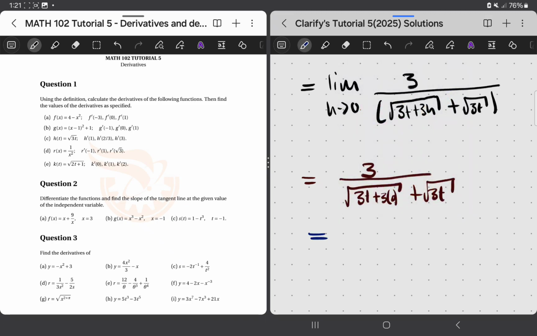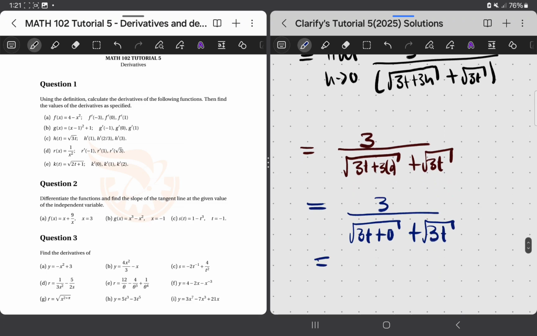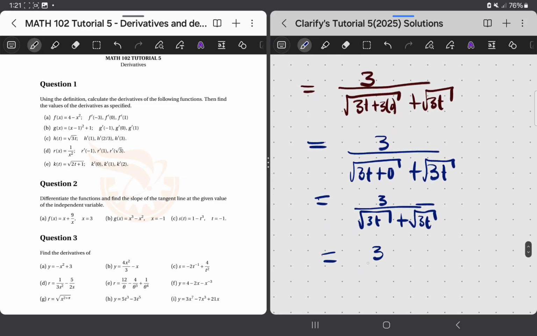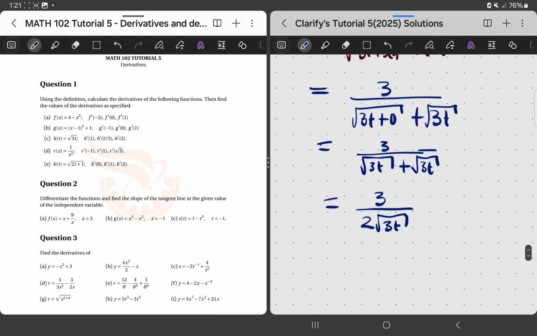Then you're going to get 3 over the square root of 3t plus 0, so that we see you know that the 3 by 0 is 0. Then this just becomes 3 over the root of 3t plus the root of 3t. So we have a root of 3t and another root of 3t. So we have two of them. So it's going to be 3 over 2 root of 3t. Okay? Then this is going to be your final solution.